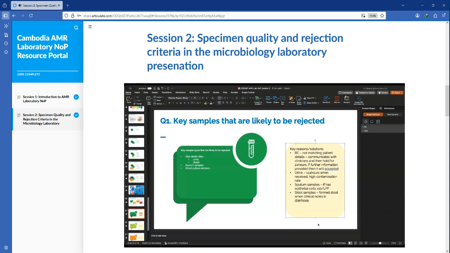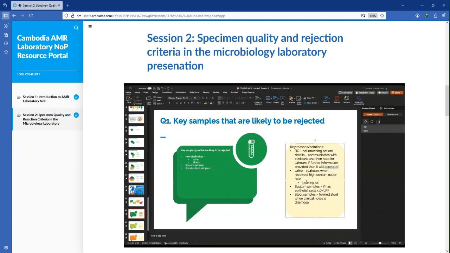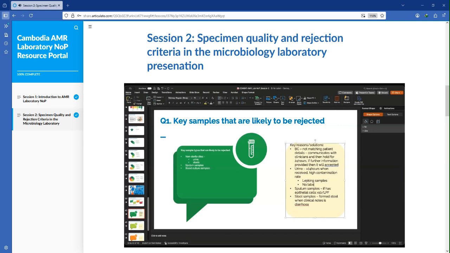Good afternoon, everyone. My name is Ratha from Central Hospital Center Hope, representing my group 4. Similar to other groups, I just add one more: a urine sample that's leaking, and one with no labeling. We also reject these. In a rare case, a swab or bacterial culture is collected in the wrong solution.